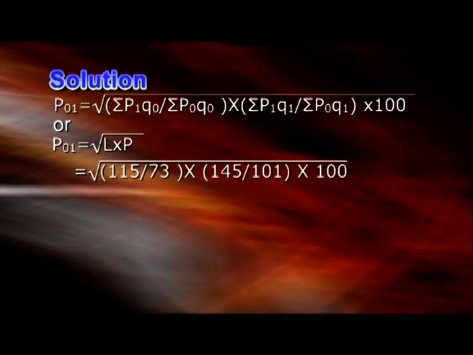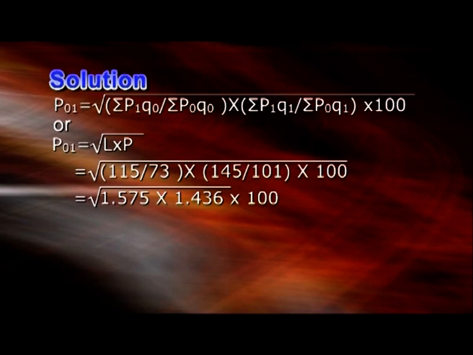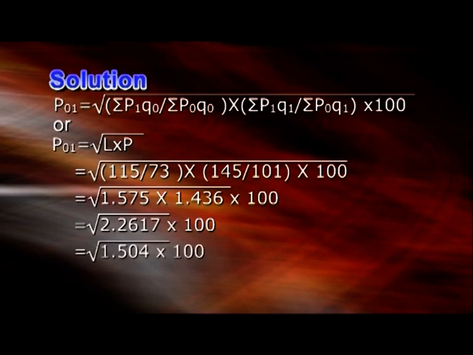Now, by substituting these values in the formula, we get price index is equal to the square root of 115 divided by 73 into 145 divided by 101 into 100, which is equal to the square root of 1.575 into 1.436 into 100, is equal to the square root of 2.2617 into 100, is equal to 1.504 into 100, is equal to 150.4.